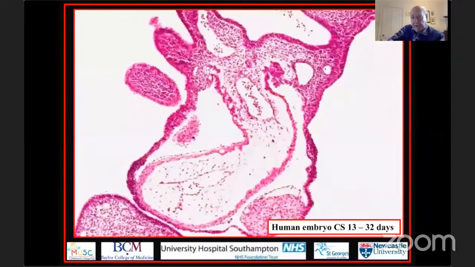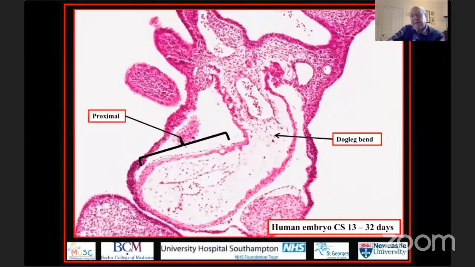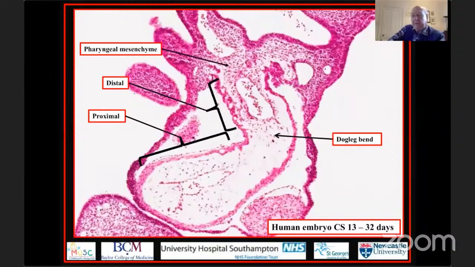So if I show you that in a histologic section, relatively early in development, just after the end of the 4th week, you see that the outflow tract has a proximal part, then it takes a sharp bend, the dogleg bend, meaning it also has a distal part. At the margins of the pericardial cavity, the cavity itself becomes embedded in the pharyngeal mesenchyme, and the aortic sac gives rise to the pharyngeal arch arteries.